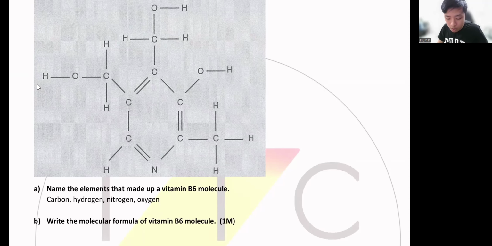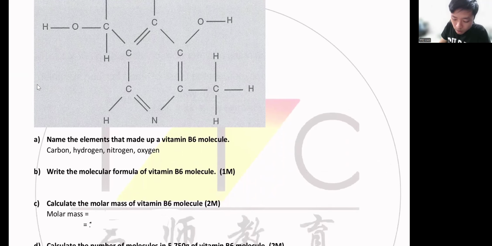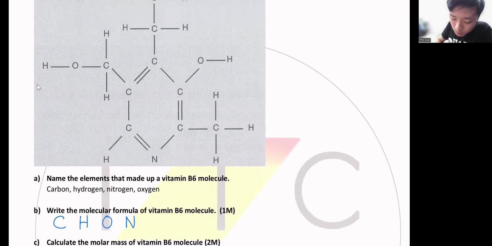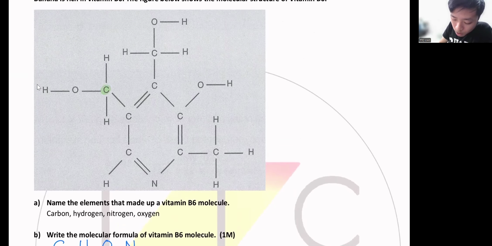Okay. So write the molecular formula for vitamin B6. So calculate how many C, how many H, how many O, how many N. So C: 1, 2, 3, 4, 5, 6, 7, 8. So the formula has 8 carbon.